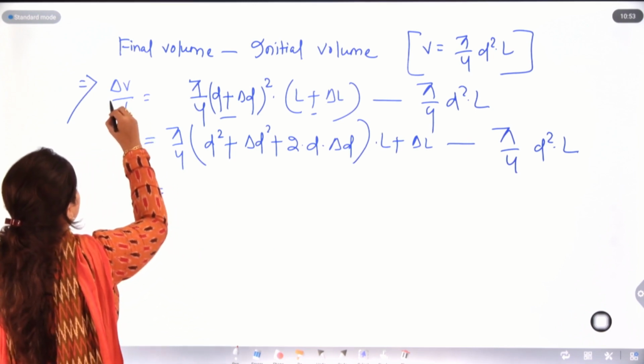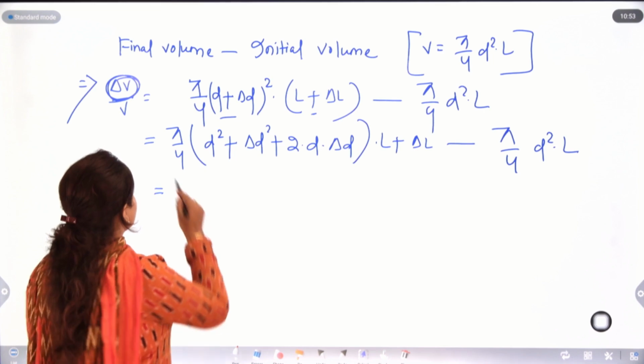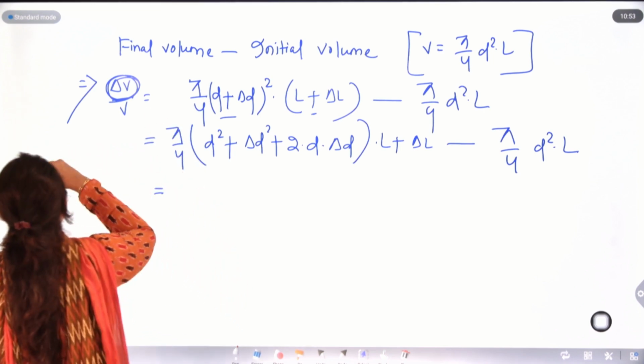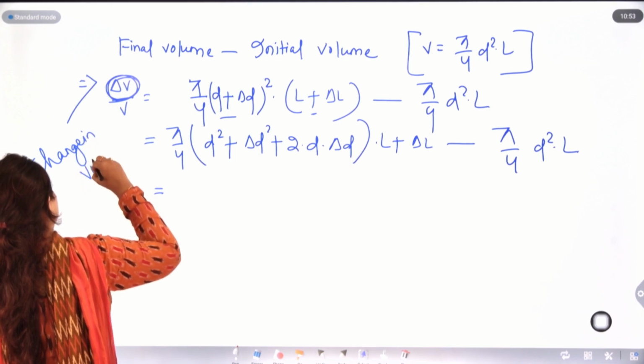We are calculating our del V. Del V is our change in volume.